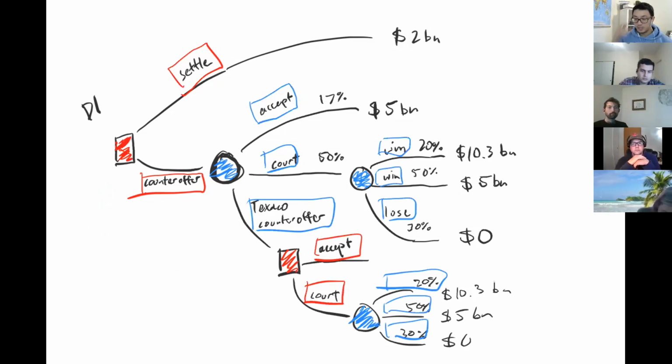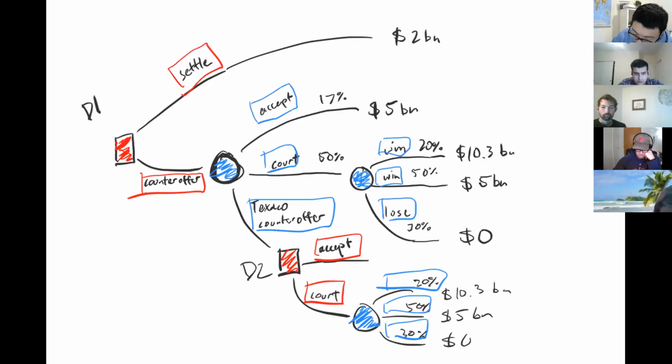So we need to essentially calculate all of the expected values of each of our decisions. Oh, here, if we accept the counteroffer, oops, hang on, there we go. This is 3 billion. That's the counteroffer.